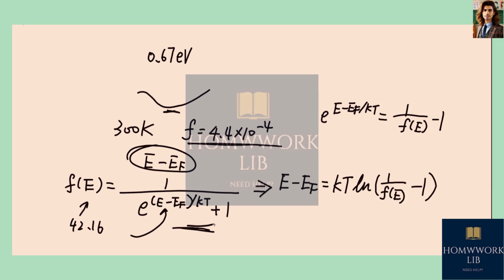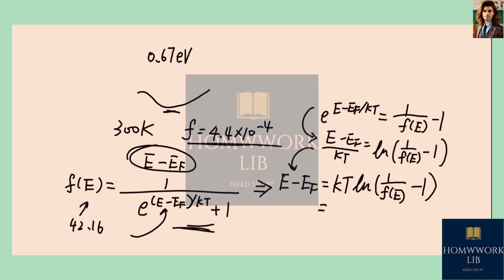And then from that, we have E minus EF over KT equals ln of this. And then that goes to this step. These are just steps of rearranging the equation. Make sure you don't make mistakes during this process.